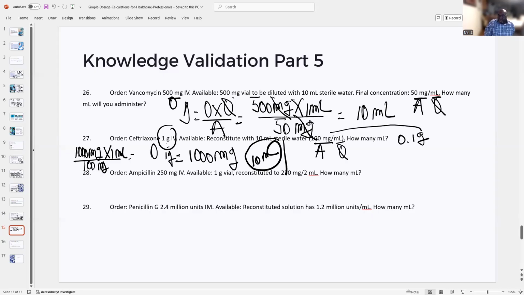Or we can leave everything in grams. In that case, your available that was 100 milligrams, you have to convert to grams, and 100 milligrams is 0.1 gram. So you're going to have your order, which is 1 gram, multiplied by quantity, which is 1 milliliter, divided by available, which is 0.1 gram.